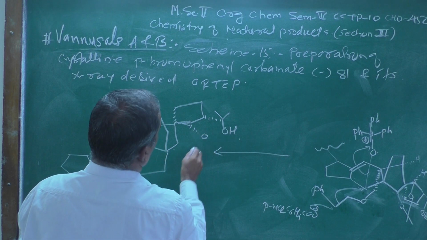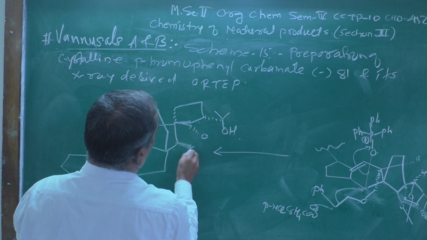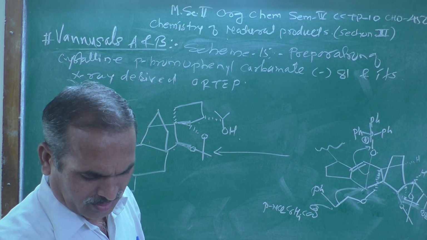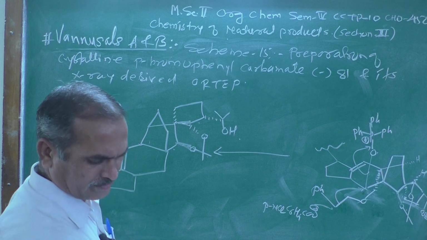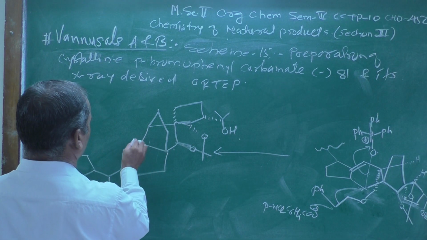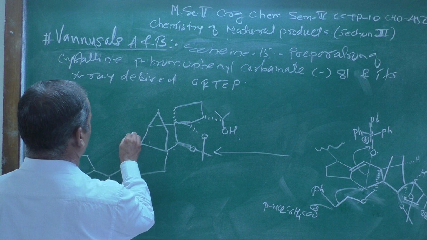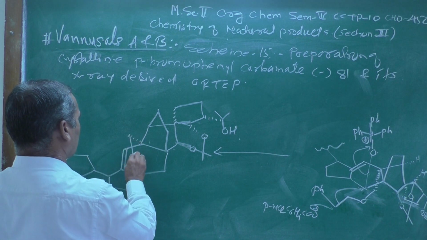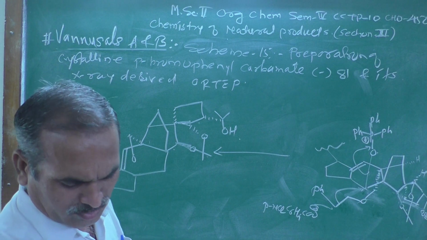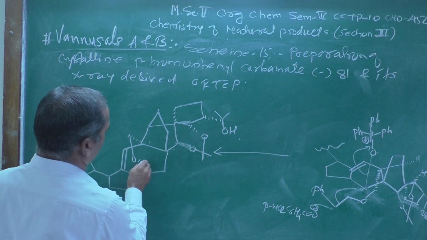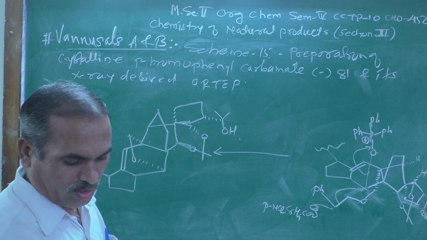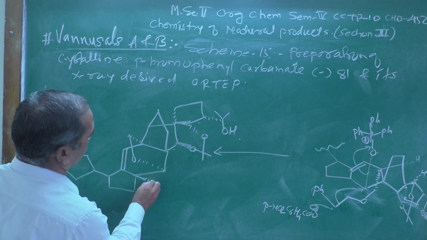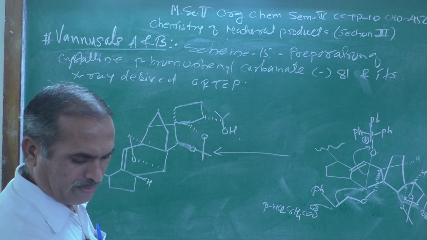Here is a protecting group, and after that we can show an oxygen atom over here. This is further attached at this point, and the hydrogen atom should be above the plane.